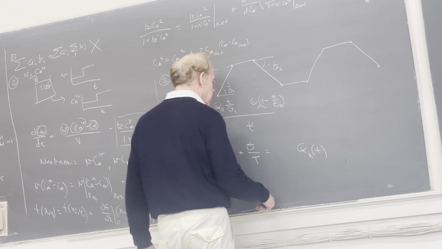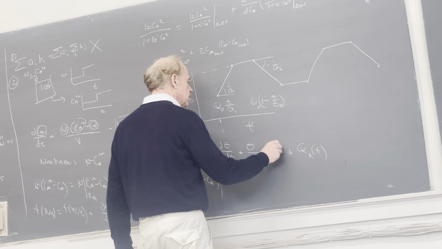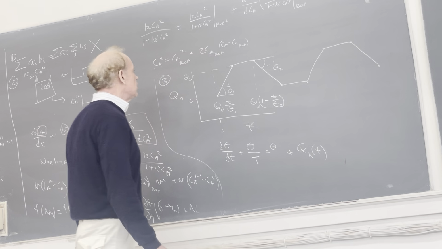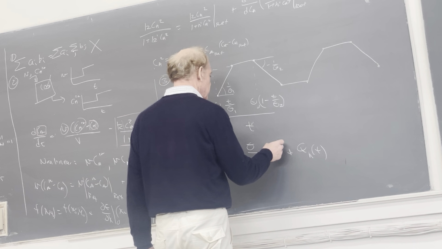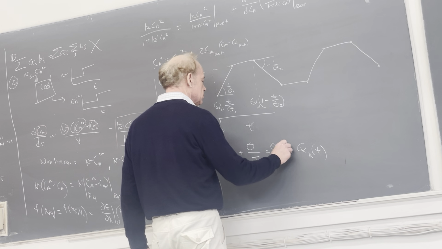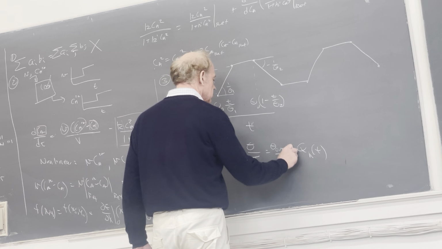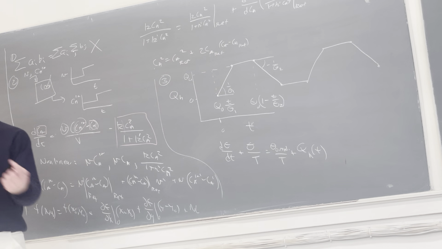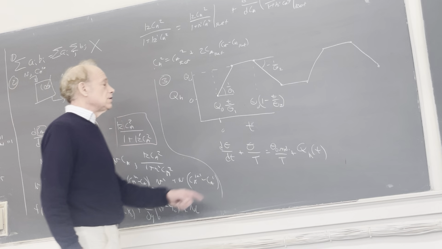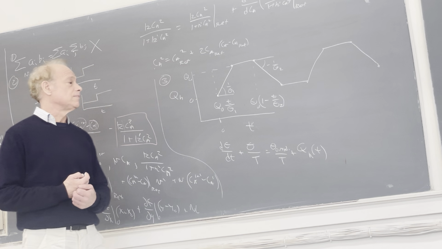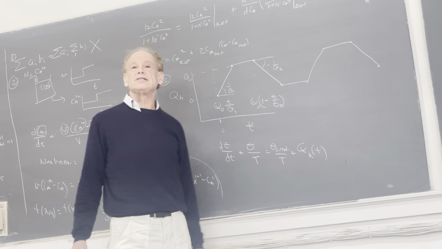QH is a function of time. I think I had another term here, theta outside over T, because you have heat transfer through the walls, so you have theta outside minus theta. This is a function of time.